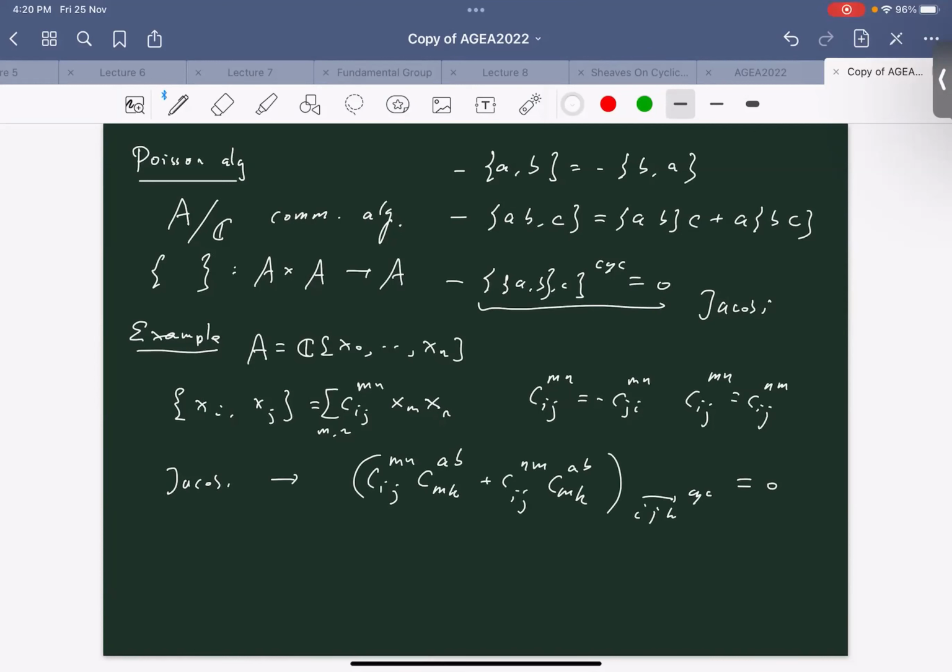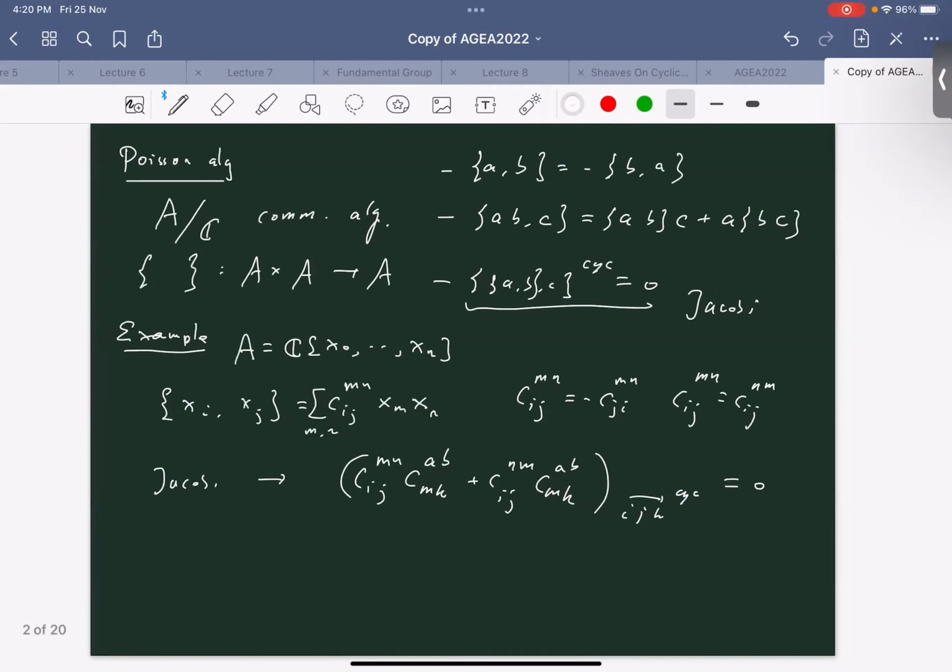And you will see that to classify Poisson brackets is essentially to classify this variety given by these quadratic equations, modulo isomorphisms. In general, this is a very complicated question. Even if we restrict to quadratic algebras, it is still very complicated.